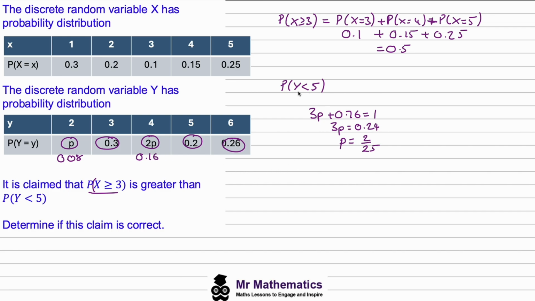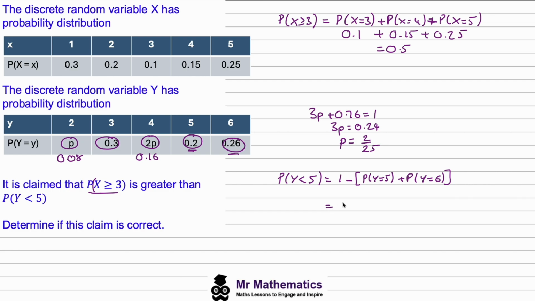So now the probability of y being less than 5, if I just move this down to here, we could add up the 2, the 3, and the 4, but it's easier to find the difference between 1 and the probability of y equaling 5 plus the probability of y equaling 6.